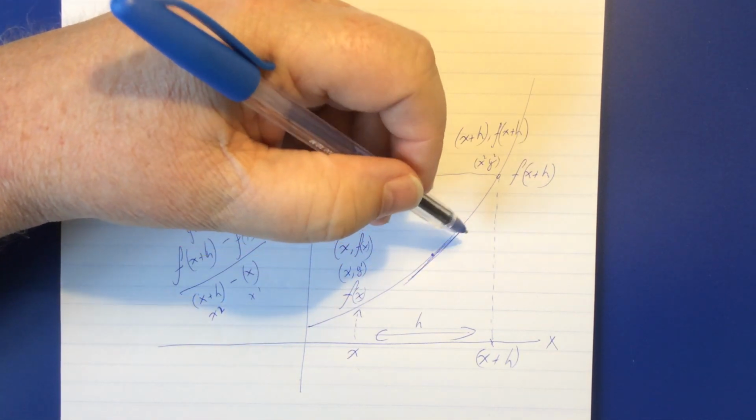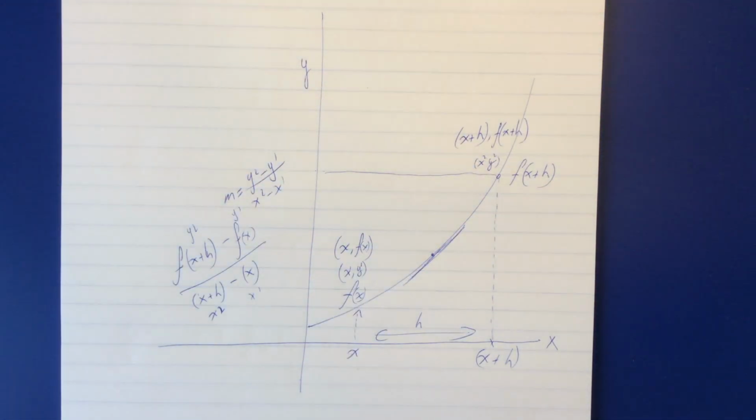And gradients, as you know, are calibrated in rise over run. And so we have one problem to overcome, which you will see when we do this using a function.